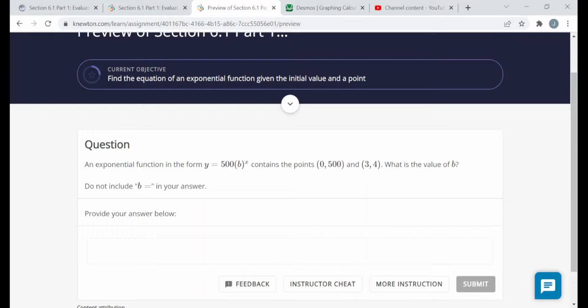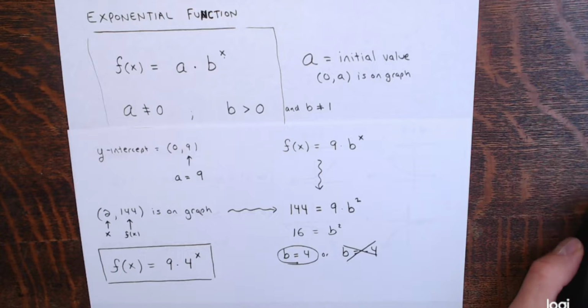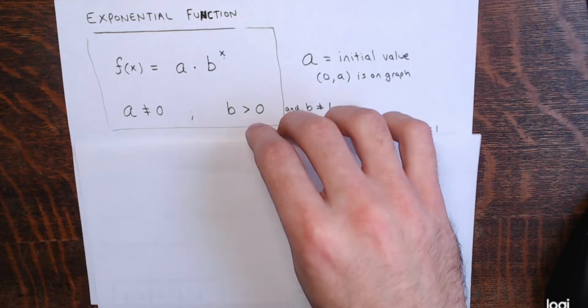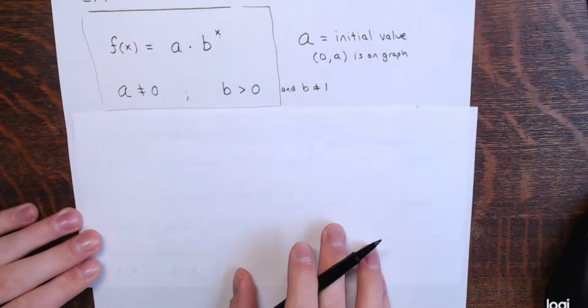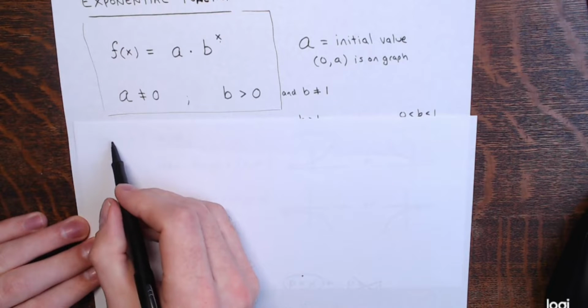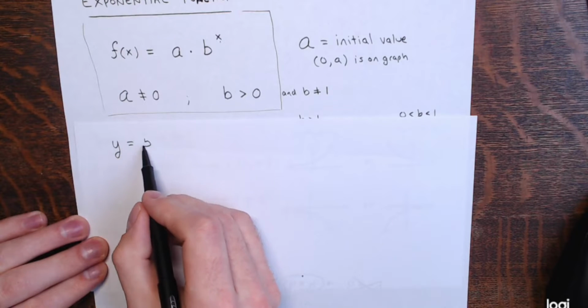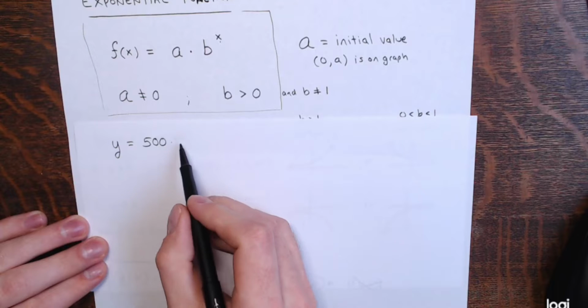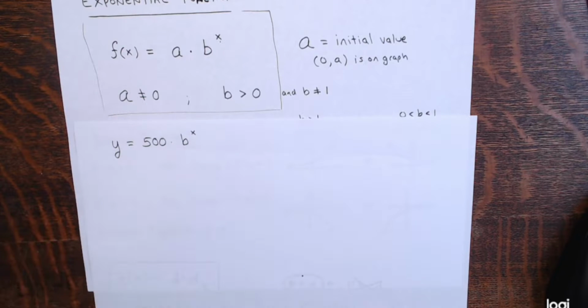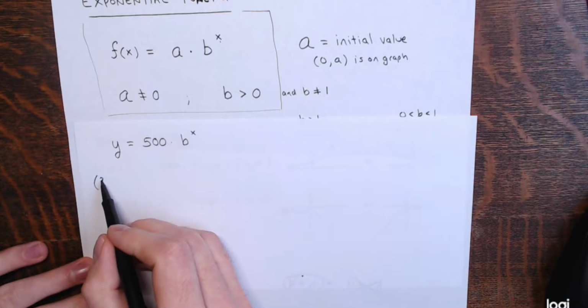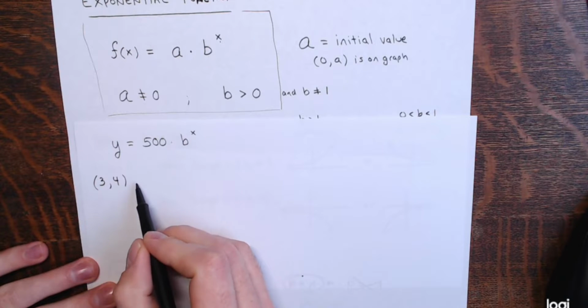So very similar to the last example. Right, I know that y equals 500 times b to the x power. And the point 3, 4 is on the graph, they told us. Right?